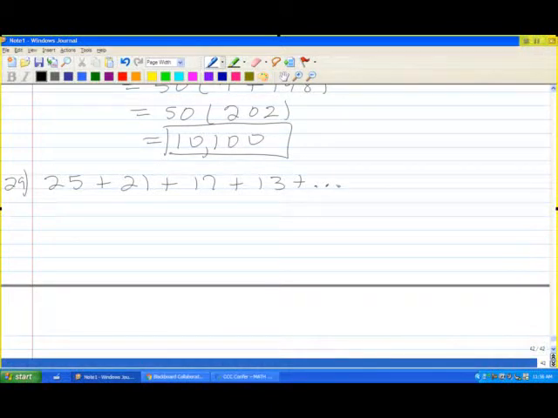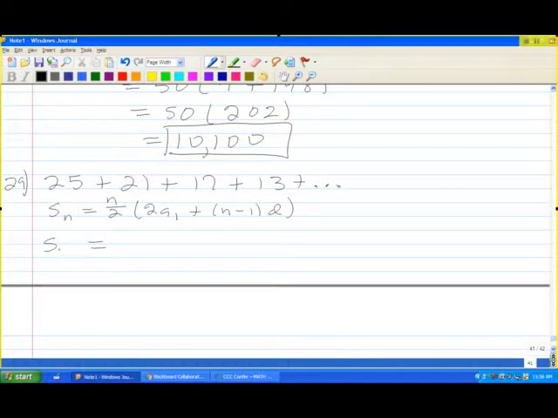Again, we know the formula for the sum of the first n terms of an arithmetic series. The sum is either given by n over 2 times (a1 plus an), or n over 2 times (2a1 plus (n minus 1)d). I'll use this formula since I do not know the last term, so it's easier to use.